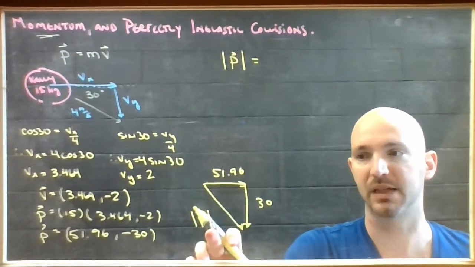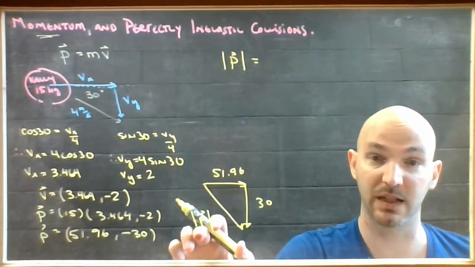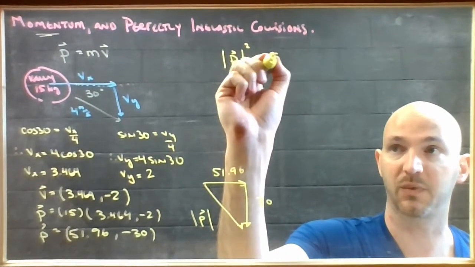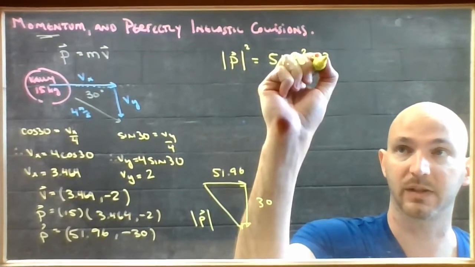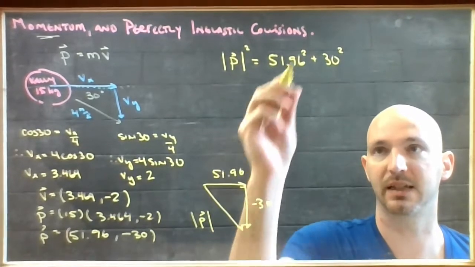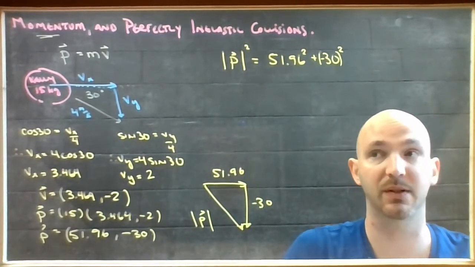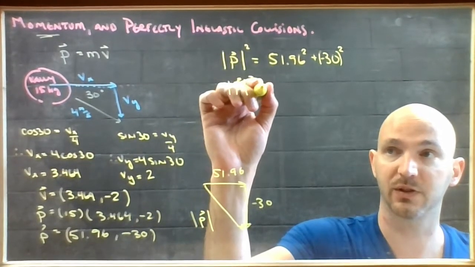Well, maybe you can see that this is just Pythagorean theorem. This squared plus this squared should equal this squared. So 51.96 squared plus 30 squared. I suppose technically that's negative 30 squared, but negative 30 squared is the same as 30 squared. Test that in your calculator if you're not sure.